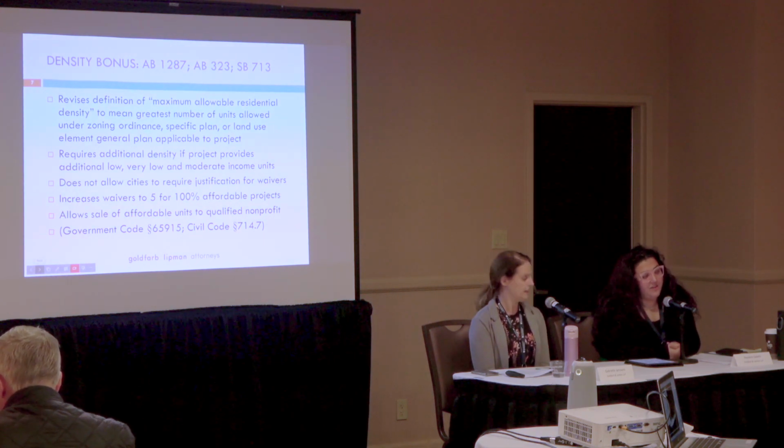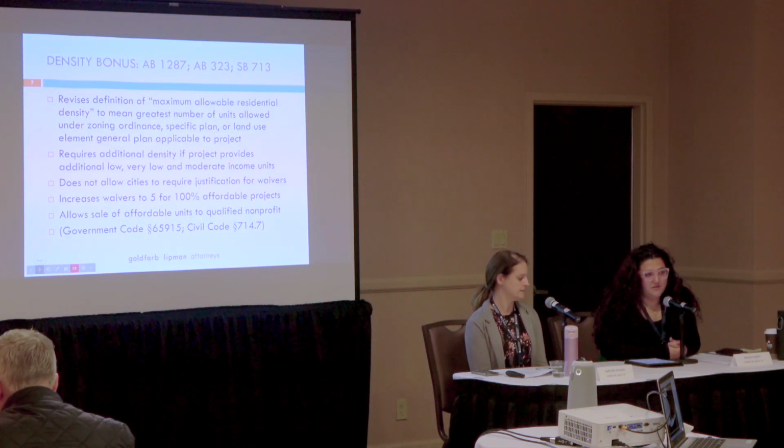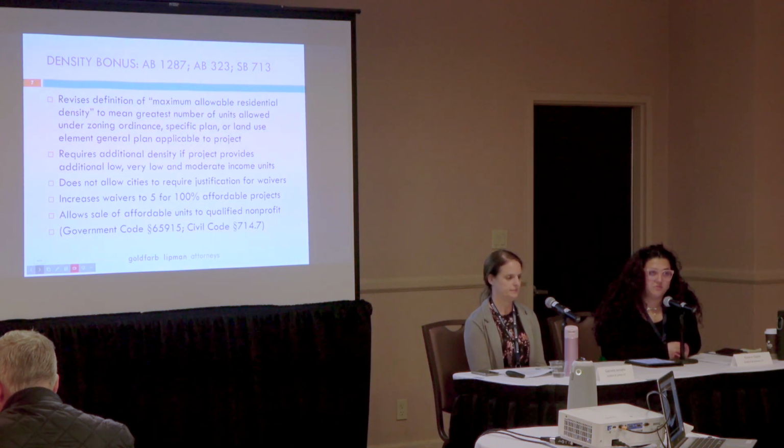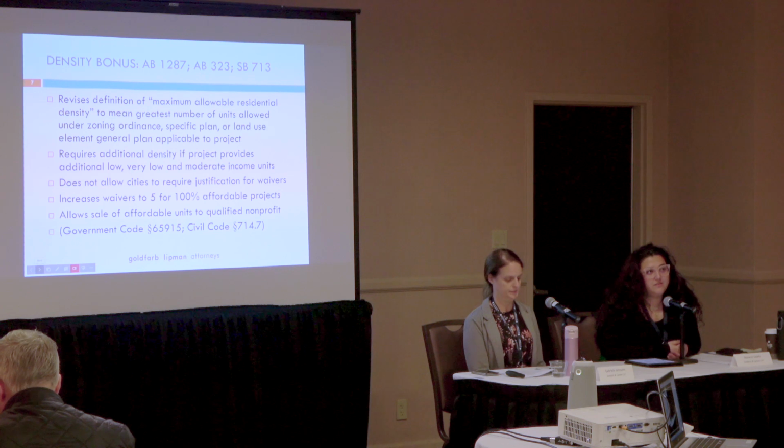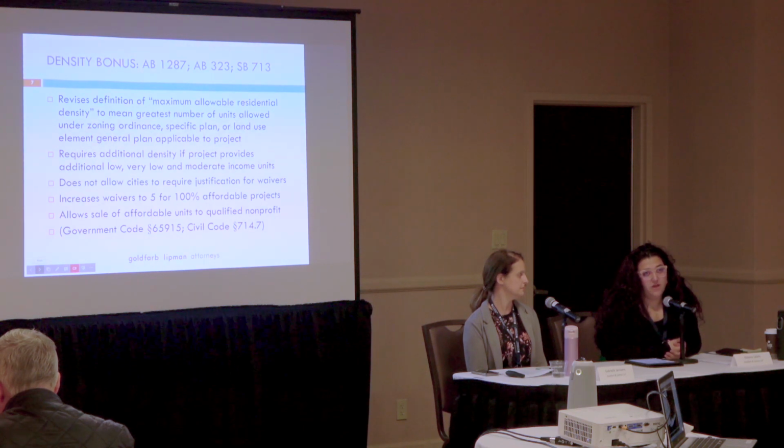The last thing that density bonus law does is provide certain parking ratios, which lowers the number of required parking spaces that a project must provide. All of these are on an as-requested basis, so a developer could propose a density bonus project but not get additional density and just seek the incentives, waivers, or parking ratios.